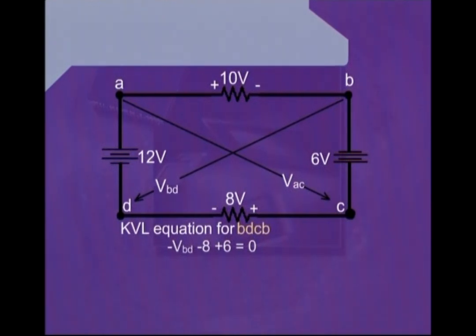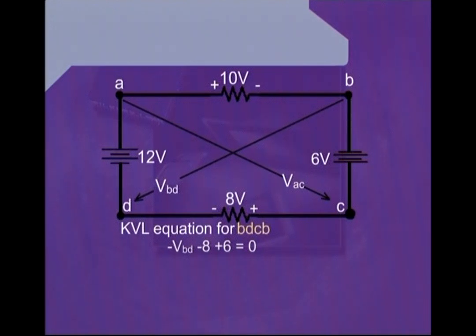While we are at the point C, we will be facing towards the point B, and in between the points C and B, we can see that there exists a 6 volt voltage source, and the positive terminal of this voltage source has been connected to the point C. Therefore, we will write plus 6.